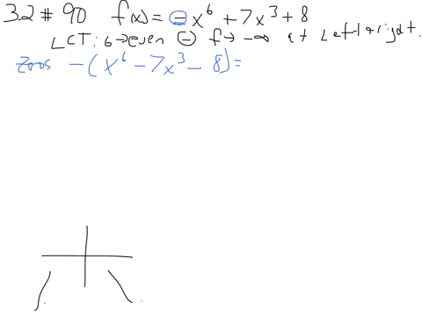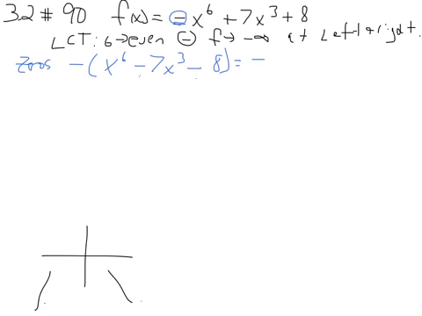Now, 8 is 8 times 1 or 4 times 2, but 4 and 2 isn't going to get us to 7. This negative means that one of them is a positive and one of them is a negative. This negative means that the largest one has to be negative, and minus 8 plus 1 is minus 7.